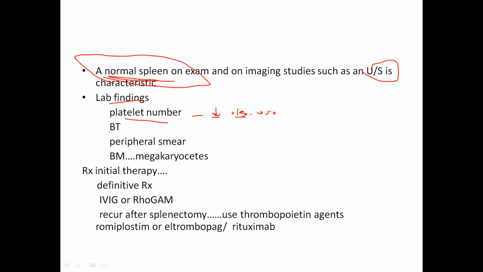Bleeding time, please. What will be the bleeding time in ITP? It will increase. Normally the bleeding time is 2 to 7 minutes. In ITP, it is more than 7 minutes.